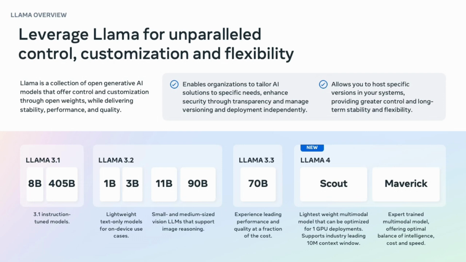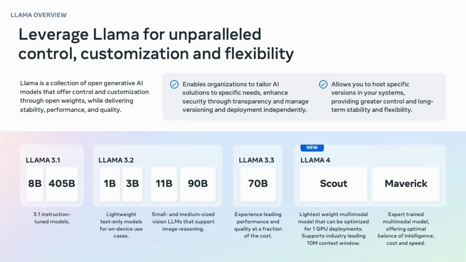Llama 3.2 includes small and medium-sized vision LLMs, 11 billion parameters, also known as 11B, and 90B, as well as lightweight text-only models 1B and 3B that support image reasoning and on-device use cases. These models are designed to be more accessible, efficient, and private, with focus on responsible innovation and system-level safety.